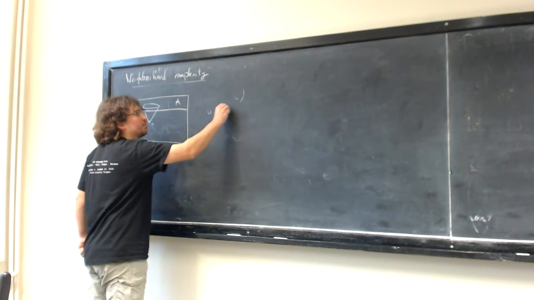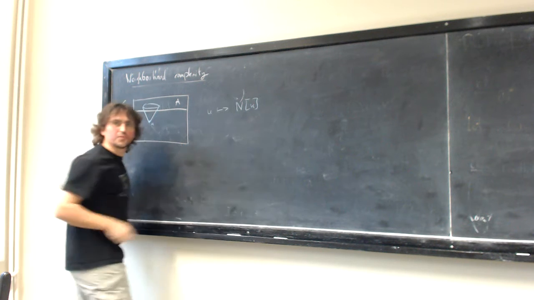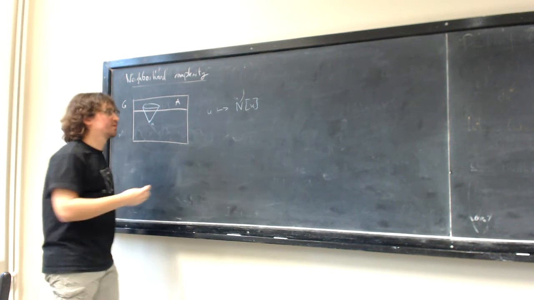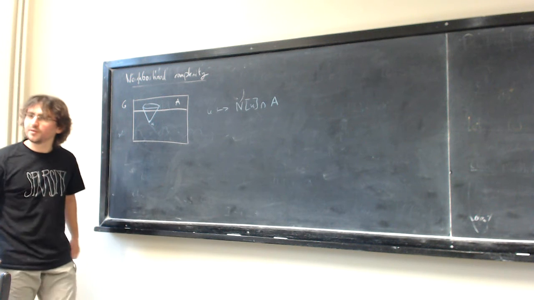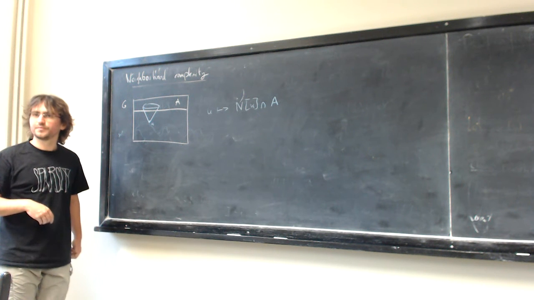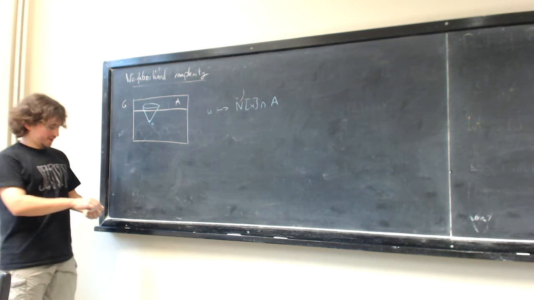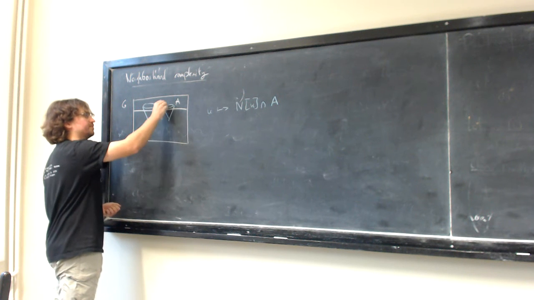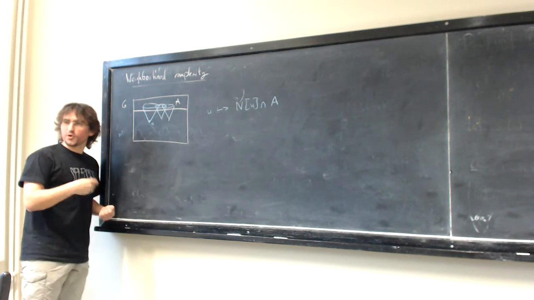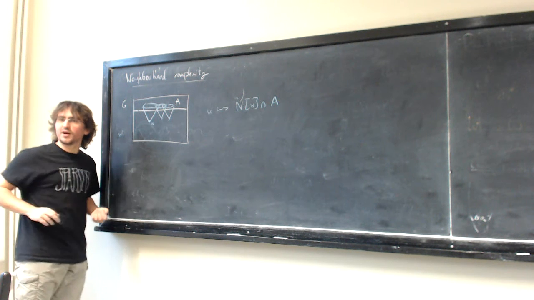So U is mapped to the closed neighborhood of U. So U together with all its neighbors, and I intersect it with A. So what are the neighbors of U in A? Yes? So now I can think of different vertices as having different neighborhoods. And of course, you can ask yourself how many different neighborhoods are realized in a graph.